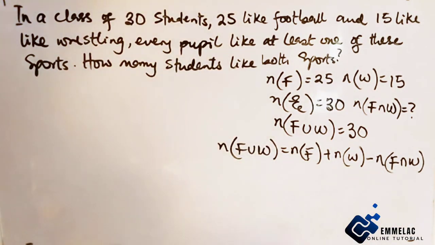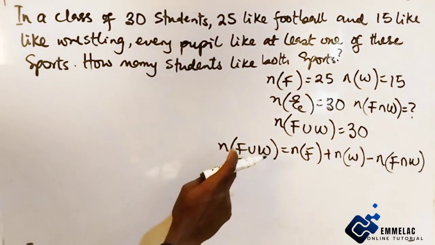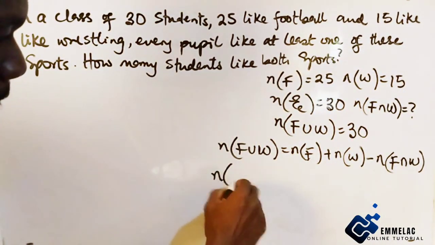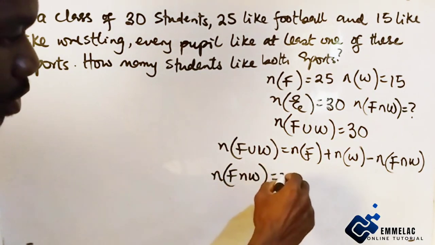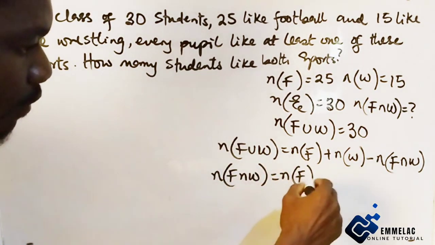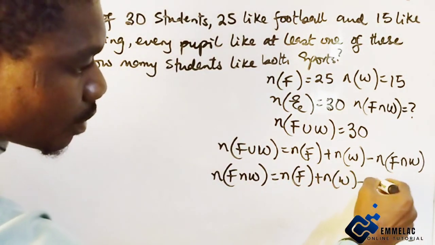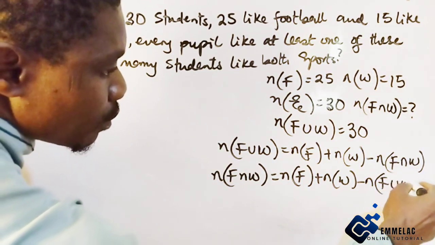So let us make this the subject of the formula, bringing this over to the left hand side and taking this over to the right hand side. Here we have that the number of F intersection W equals the number of F plus the number of W minus the number of F union W.